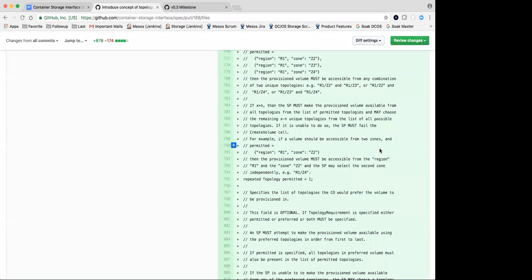So for example, you could have something that belongs to zone A, rack 1, and we could express that in CSI as a map where you have keys for zone and rack and values for A and 1. Or you could have a single string that is, zone A / rack B. Or you could have a third option, which is just a single key value instead of a map.